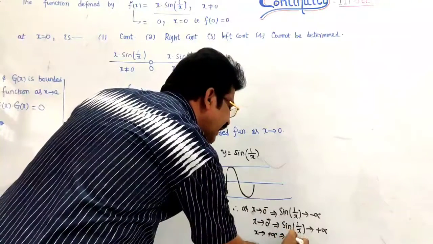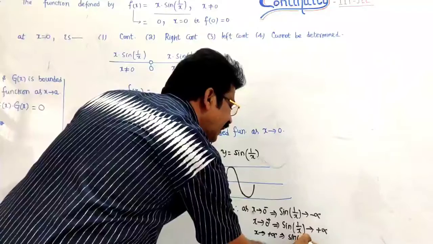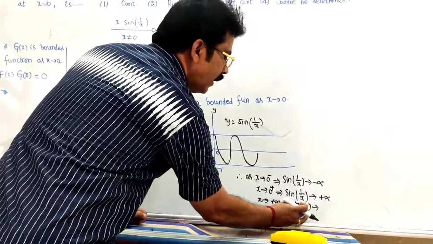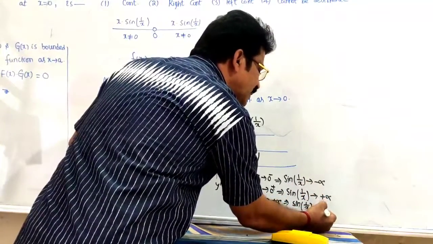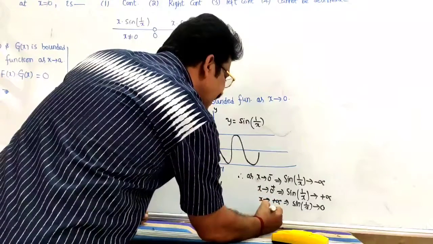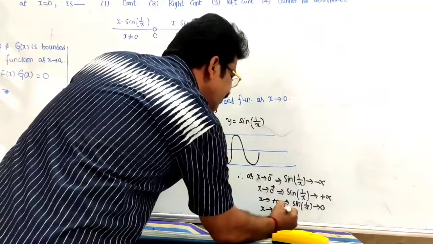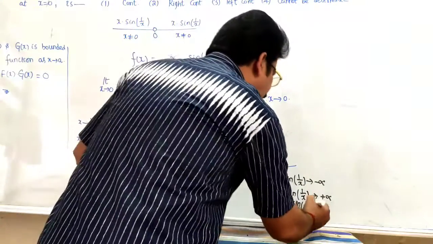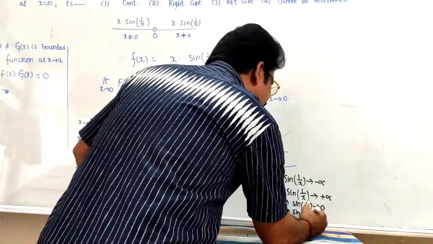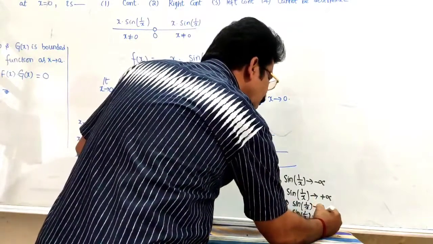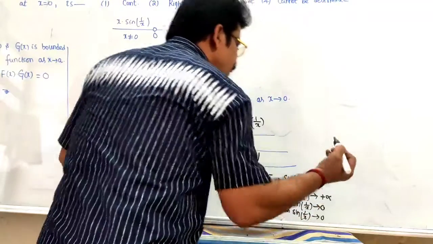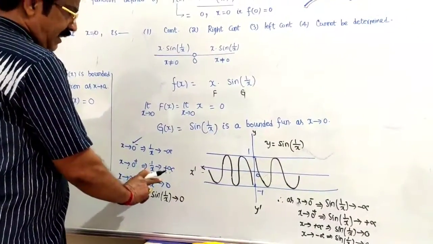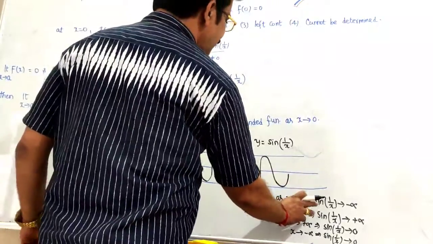That implies 1 by x tends to 1 by infinity, 0, and sine 0 is 0, so it approaches 0. Similarly, as x tends to minus infinity, sine of 1 by x also approaches 0. You make these 4 important points. This is the basic; of course, it is not necessary, but you must learn this. Okay.